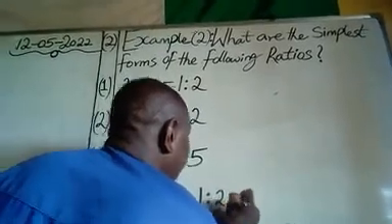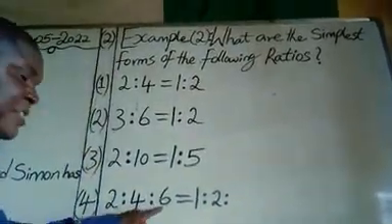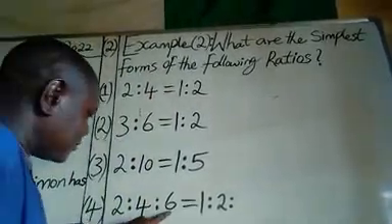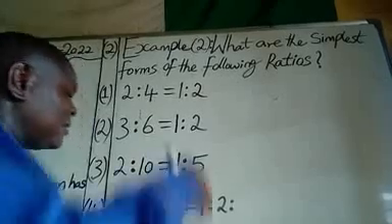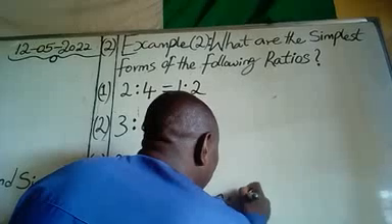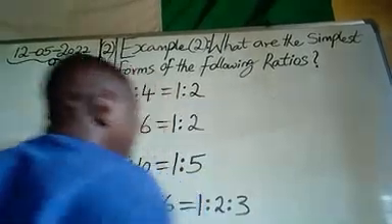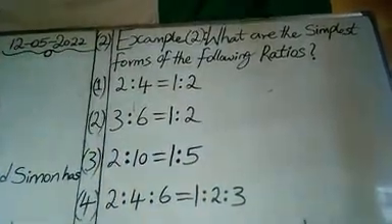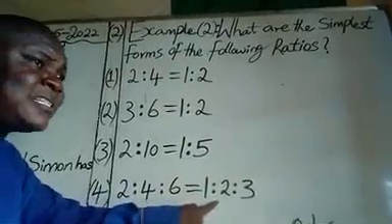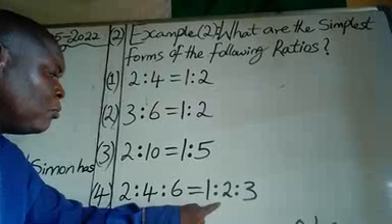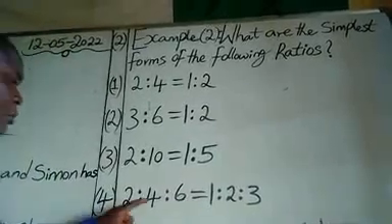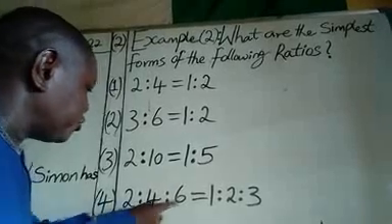Put down the sign of ratio. Over to 6. 6 divided by 2, the answer is 3. This is the simplest form of 2:4:6.